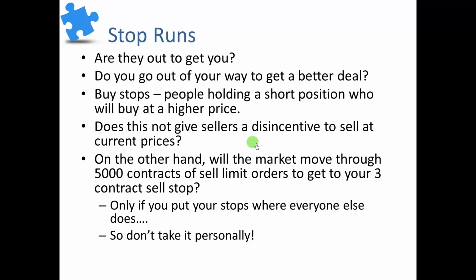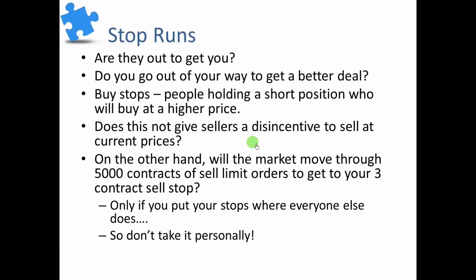Buy stops above us. So when somebody stops out with a buy stop above the market, it means there's a buyer up there that's willing to buy something higher than current price, right? So he's the buyer above you that's willing to buy the iPhone for $500, okay? So if you're a seller and you know there's a guy up there that's willing to buy for $500, you have a disincentive to sell at $400.